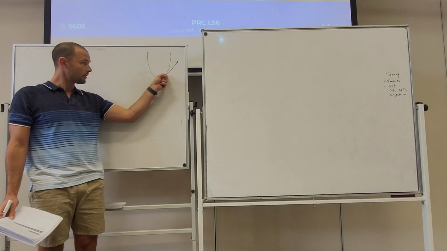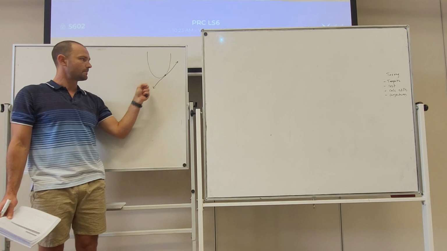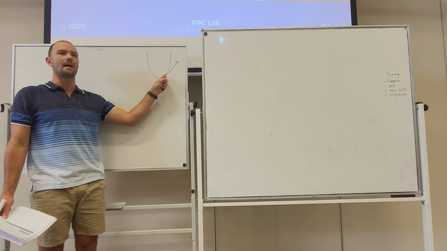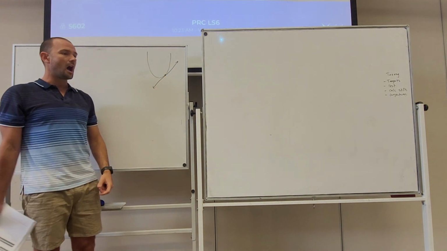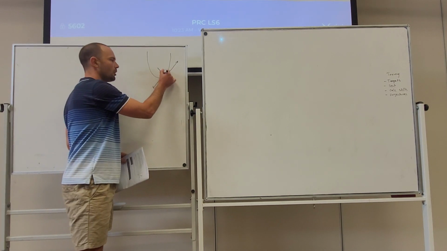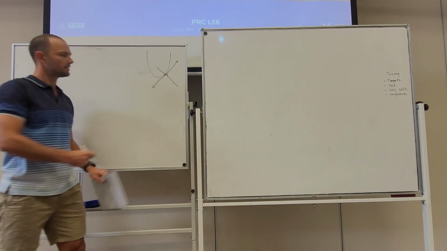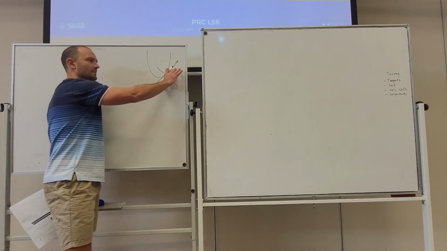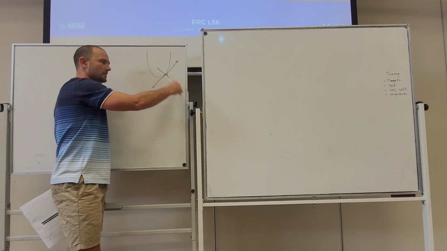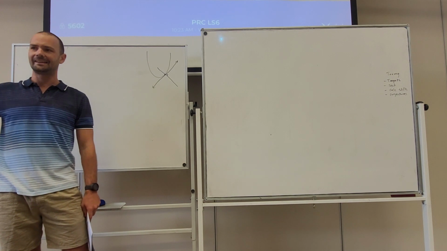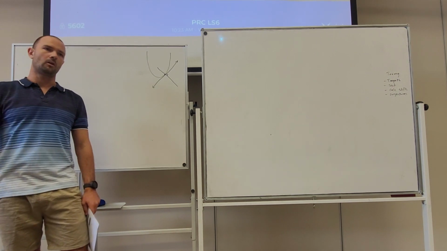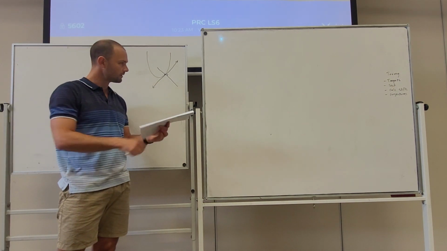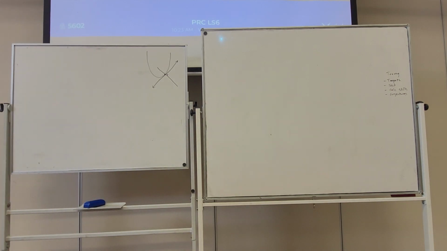It touches the curve at that point and it has the same slope at that point. A normal is a line that is perpendicular, so it would meet the tangent at 90 degrees. A tangent has the same slope as the curve. A perpendicular line will have negative reciprocal slope. These are concepts that we've explored in year 11, but we will really reiterate today.